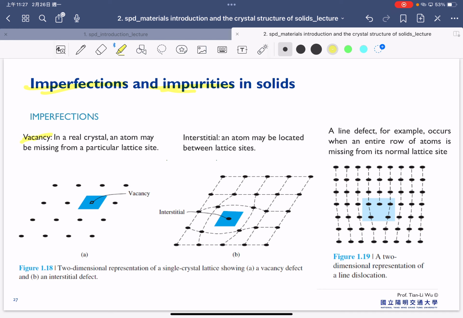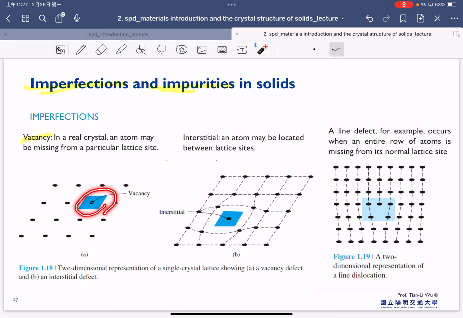This is a typical two-dimensional single crystal lattice, and ideally they should have an atom in each place, but unfortunately there could be some problem that some of the atoms are missing, and in this case we have the vacancy here.